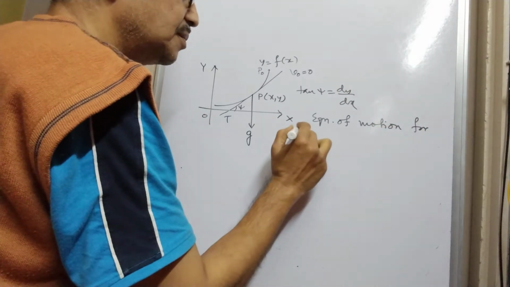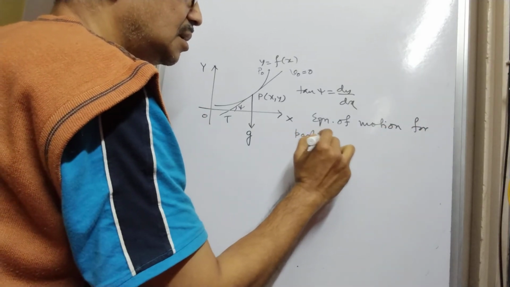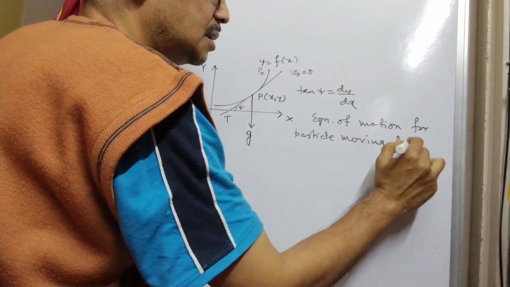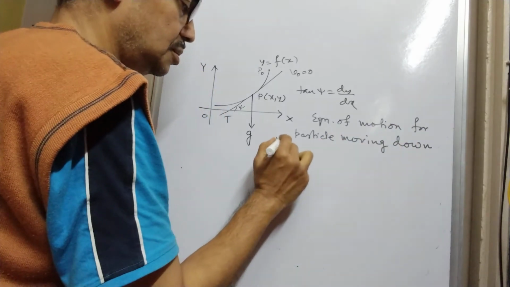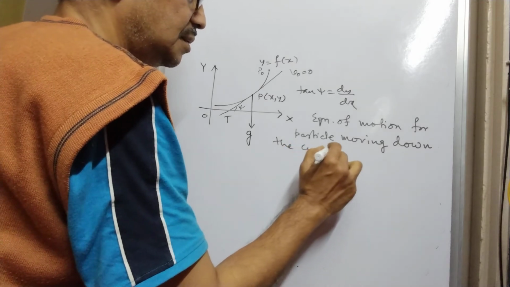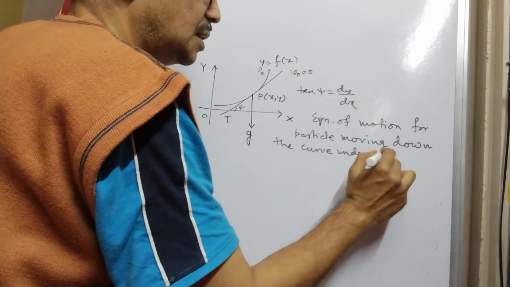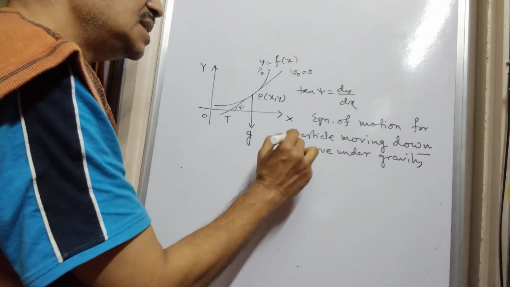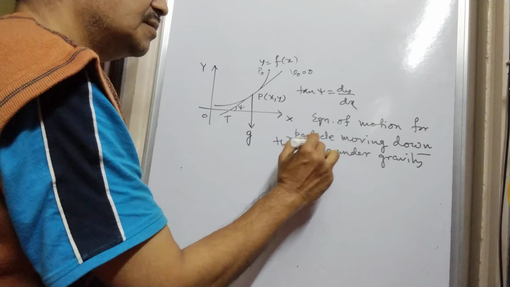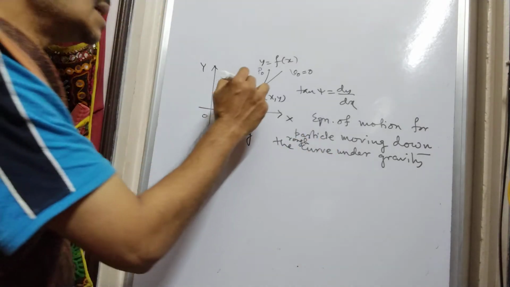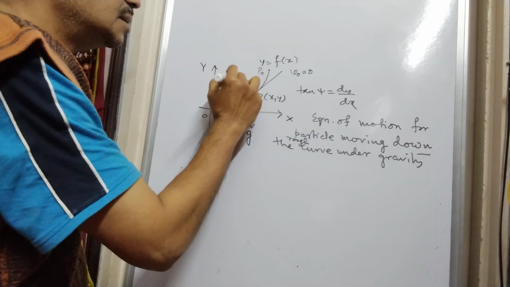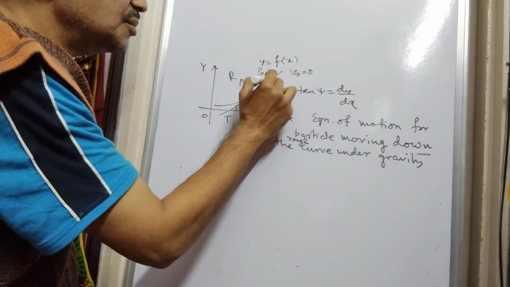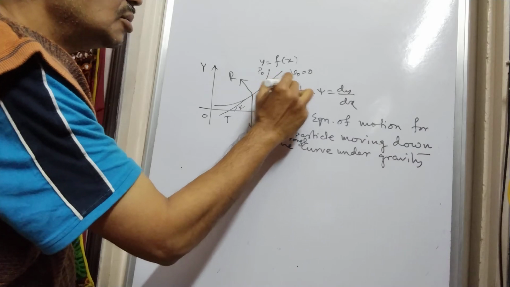Equation of motion for particle moving down the curve under gravity. Obviously, the curve is a rough curve. So, this is the reaction R, and since it is crawling downwards, mu R will act opposing the motion.